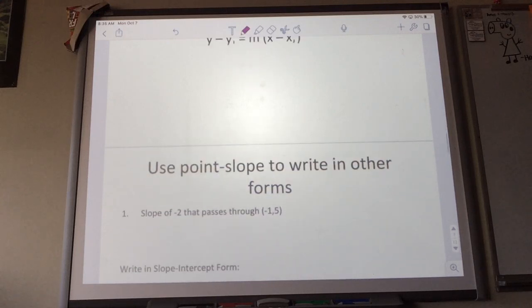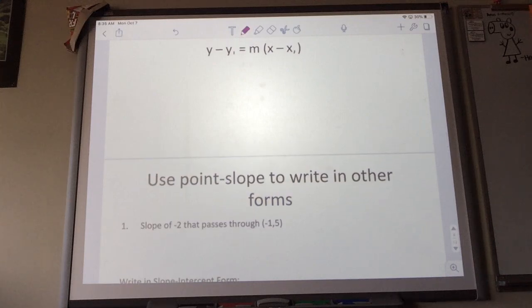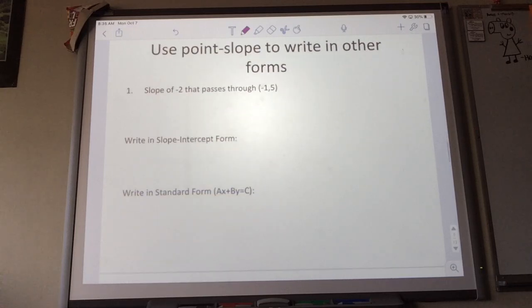If we are given a point and a slope, we need to use that point-slope form. Just like on number 1 here. We are given a slope and any point will do. So if I'm given that point, I'm first going to write down my form. So y minus y1 equals m(x minus x1).